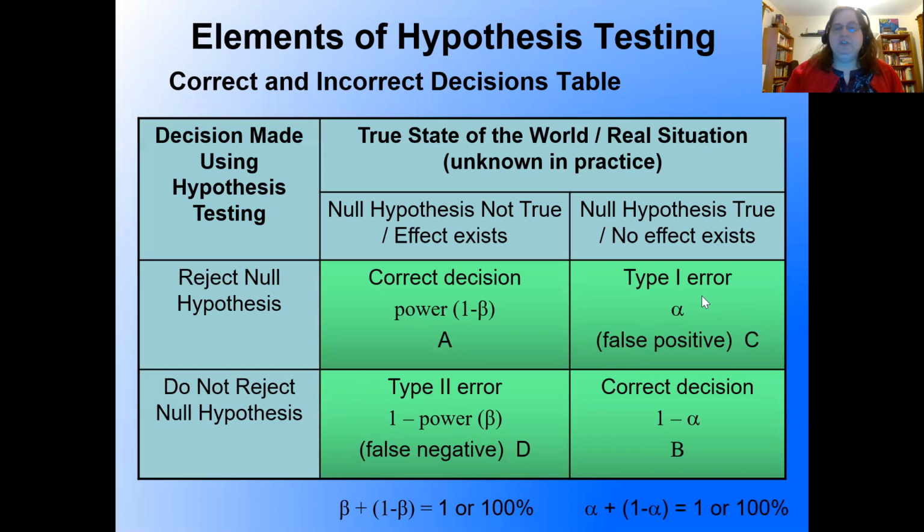And so we make the conclusion that people should start using it, but it's a type 1 error. It actually wasn't more effective. This is what we don't want to make. That type 1 error, that's the one we don't want to make. There was no effect and we found one.